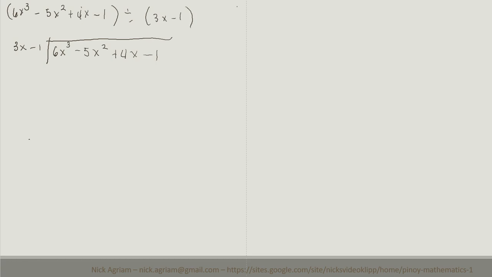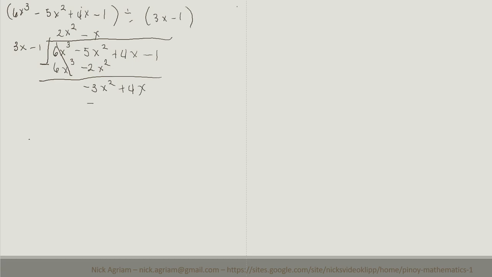Okay, let's start with 6x raised to 3 divided by 3x, so we have 2x squared. So we have 6x raised to 3 minus 2x raised to 2. So this one now is 0. Negative negative is positive, so we have negative 3x squared plus 4x. Then we have negative x.